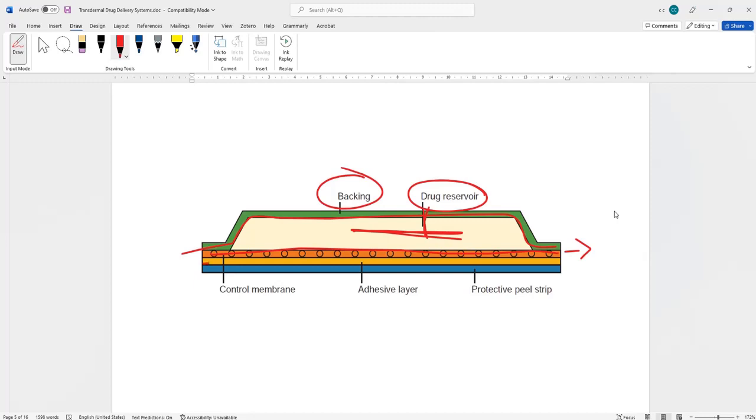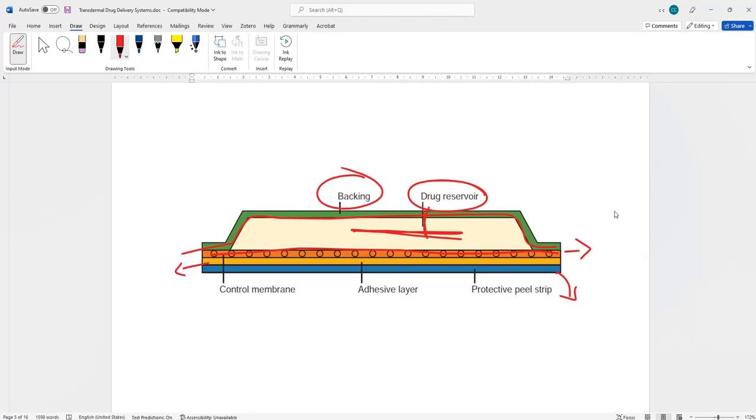And then you have the adhesive layer. This adhesive layer is made from polybutyl acrylate, and it's pressure sensitive. In order for it to stick, you have to apply pressure on the backing area with the heel of your hand in order for it to stick on the skin. And then you have the protective liner or peel strip, and you remove it only when you want to apply the transdermal system.